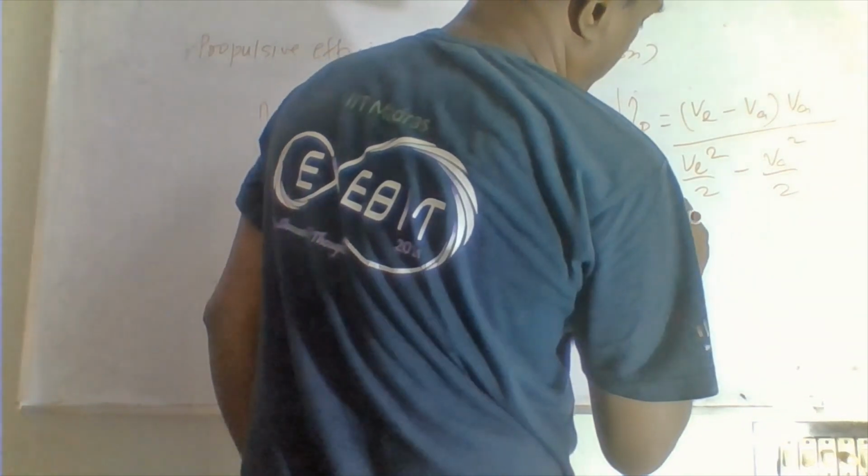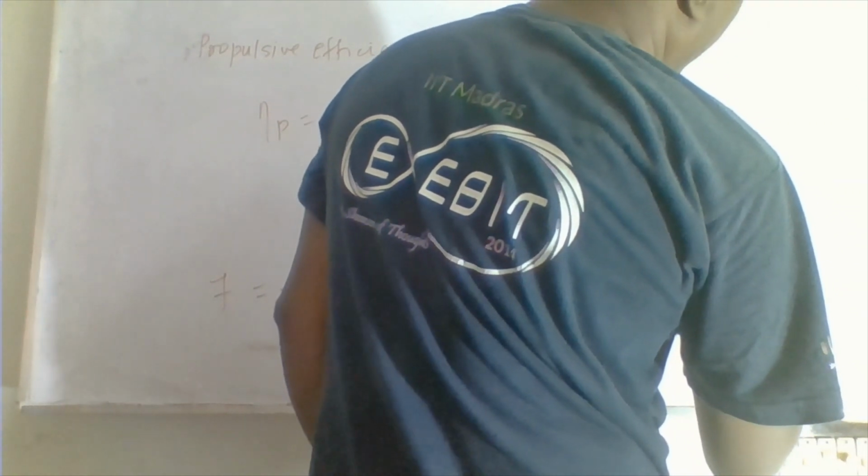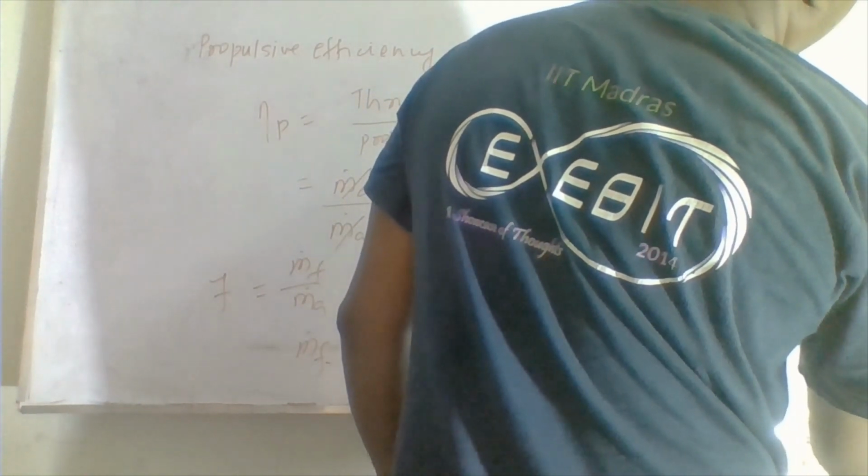And this can be simplified further. V minus VA, then the 2 can be taken to the numerator, 2 into VA divided by VE minus VA into VE plus VA.